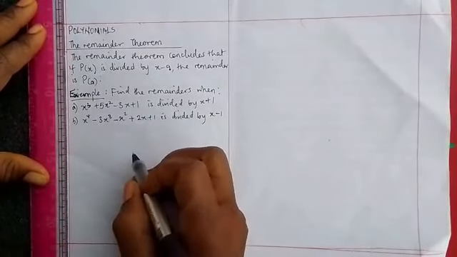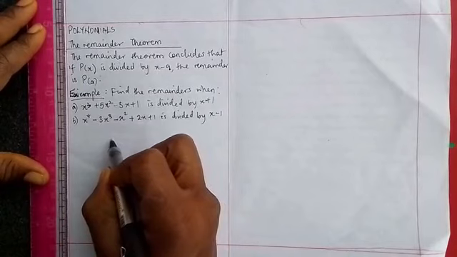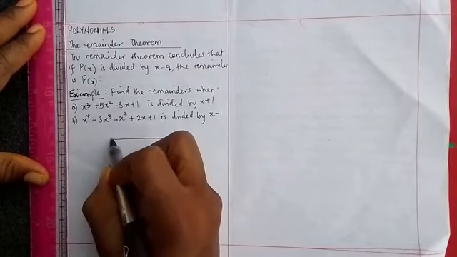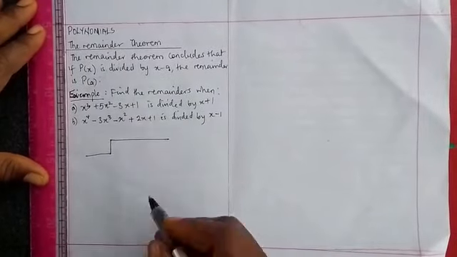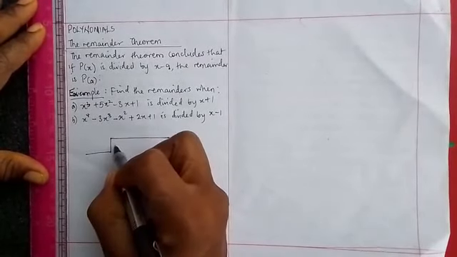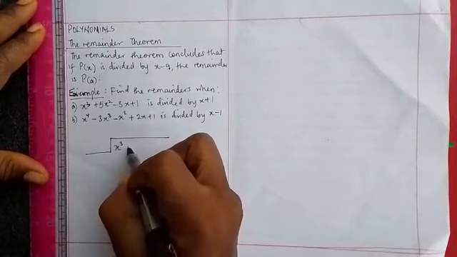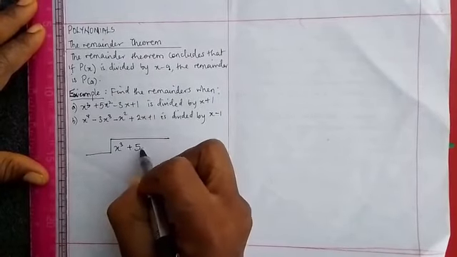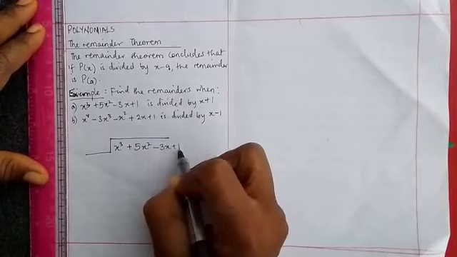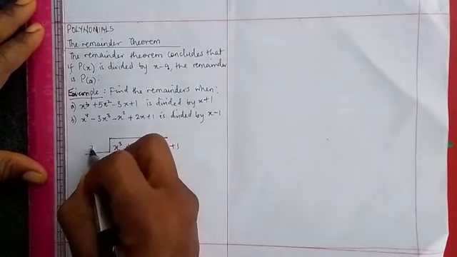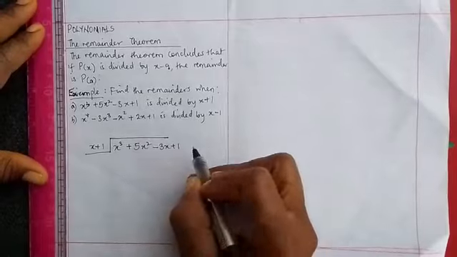The first example: from the knowledge of looking for the quotient and the remainder, you do the same thing here. We have x raised to the power of 3 plus 5x squared minus 3x plus 1. We are dividing it by x plus 1.